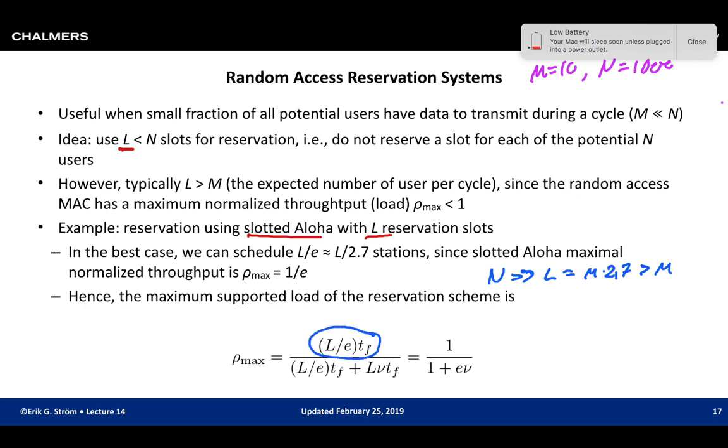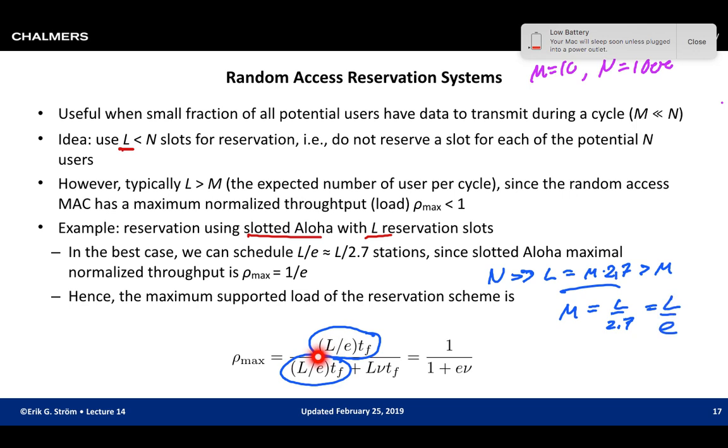again, the data part. So we can schedule, exactly. So from this it follows that M, the number of users that we can schedule, is L divided by 2.7, or actually L divided by e.